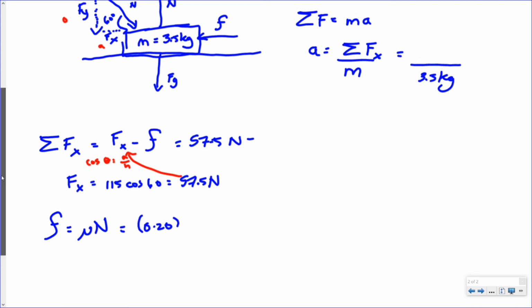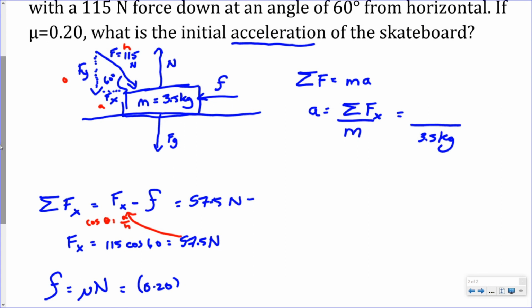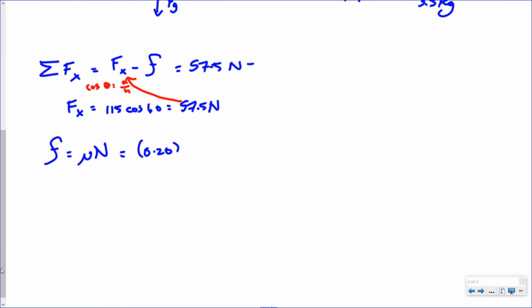Do we know it? No. Again, we got to keep working away at it. So what do we know? It's not going down through the ground. It's not floating, so all the ups have to equal all the downs. So the normal force is the only one pointed up, and it has to equal this plus this, the two that are pointed down. So the normal force equals Fy plus Fg. So Fy, instead of cosine of theta, we would be using sine of theta is opposite over hypotenuse.